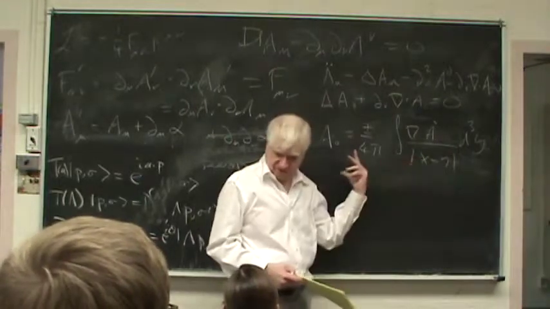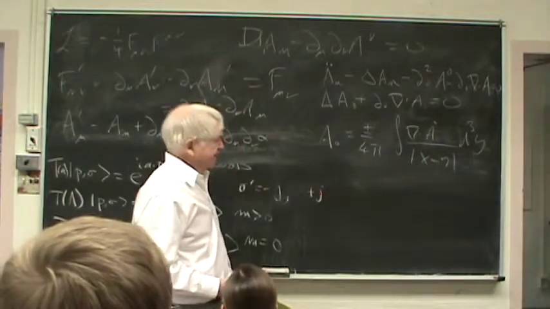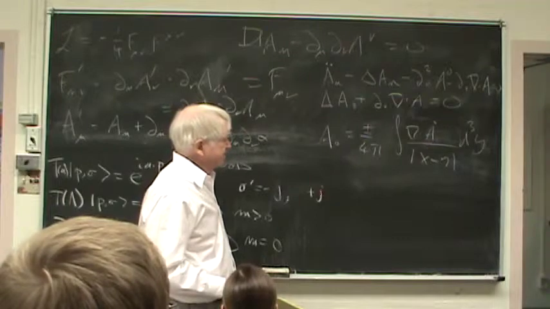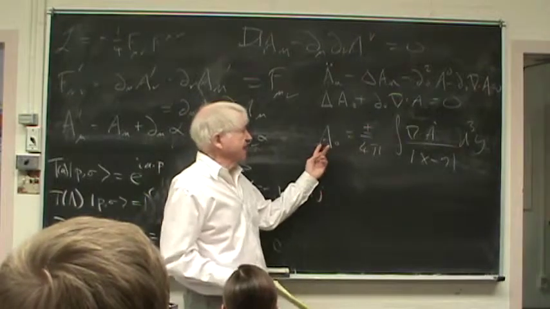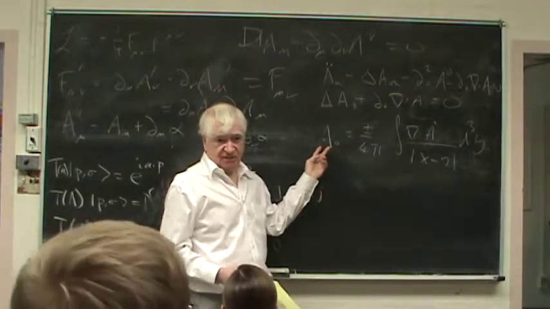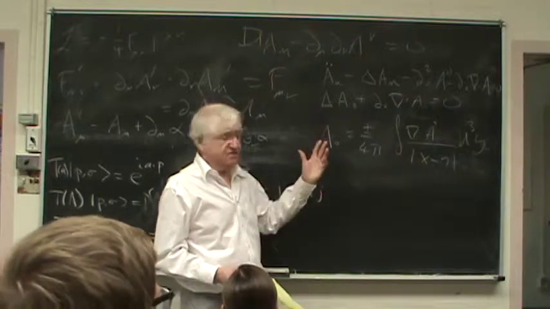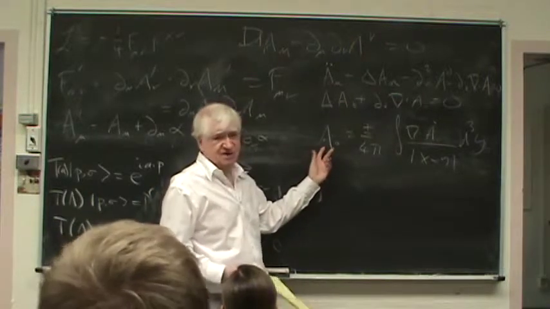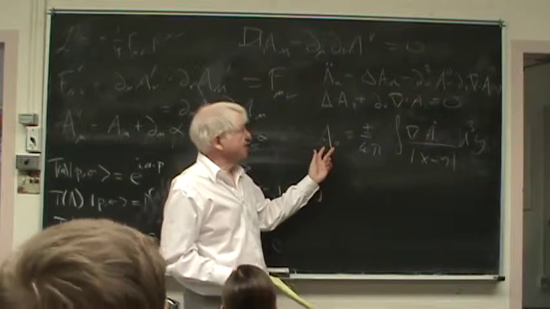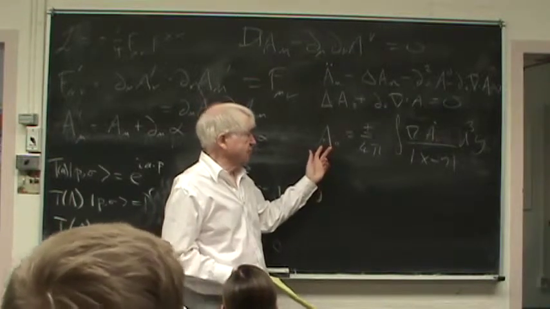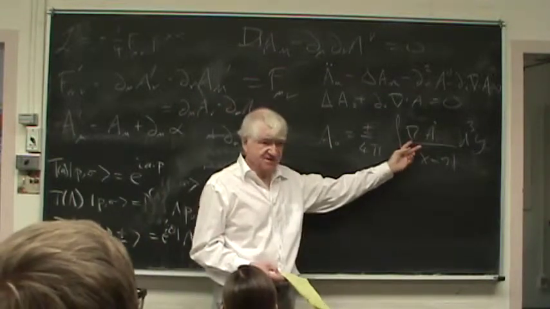Okay? This is a Green's function of Laplacian. And so what this tells you is that in general in electrodynamics, if you're in any gauge, you can say that A_0 is a dependent variable, because you can always write it in terms of this.